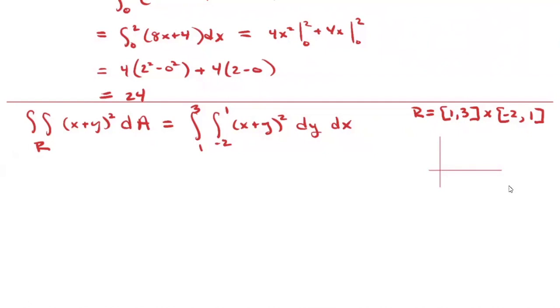Okay, so let me show you here. Down below, I'm going to put -2 for y and then 1, and then, of course, x goes from 1 to 3. This is not going to be very precise, so I'll do my best.